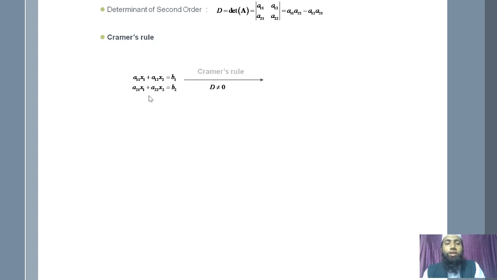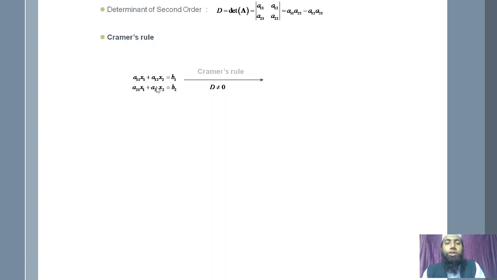We are taking the determinant of this coefficient matrix, a11, a12, a21, a22. This determinant we are calculating. If this determinant is non-zero, अगर ये determinant non-zero होता है, then only we are trying to solve this system of equation. If this determinant is zero, we'll stop there and say this system of equation has no solution.